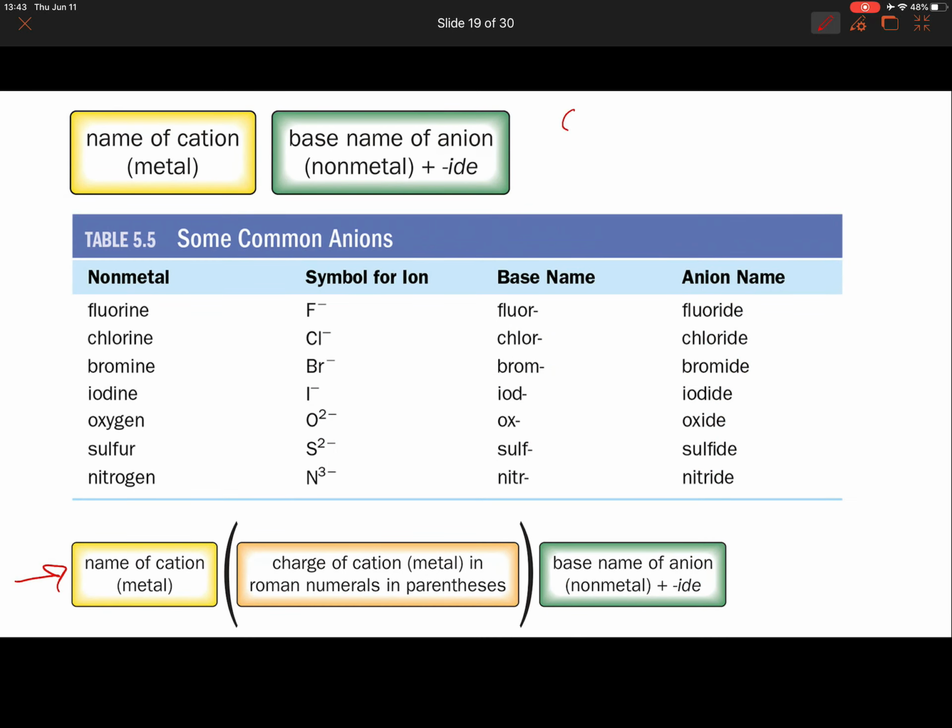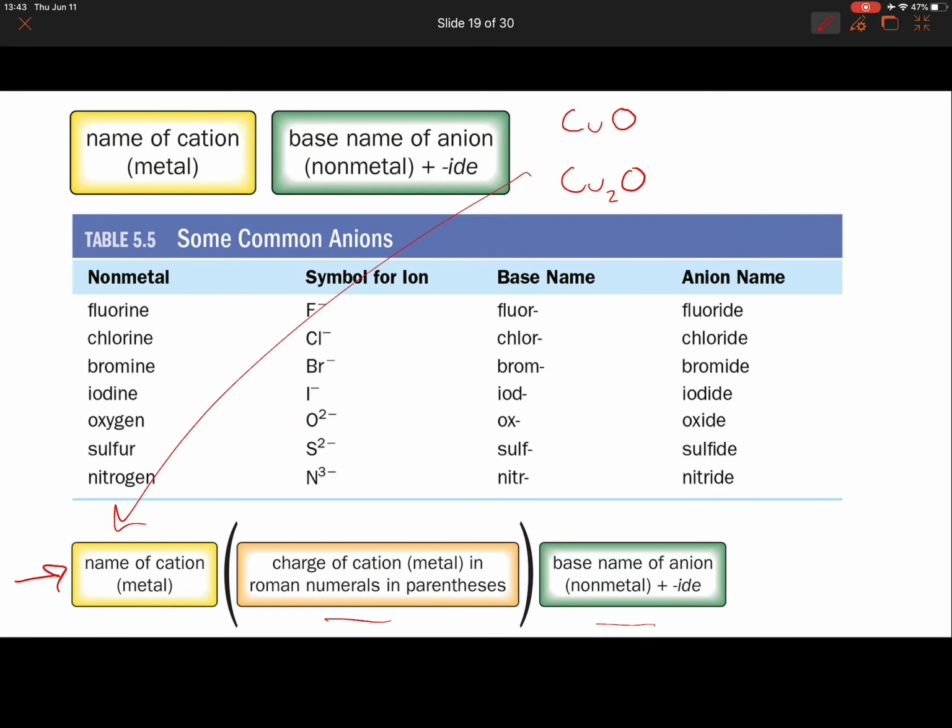So let's take copper and pair it with O, like this. We need to figure out what the names of these two compounds are. We're going to be using these rules down here: the name of the metal, then the charge of the cation, then the base name.